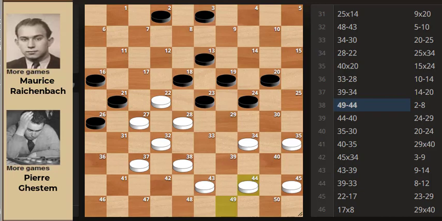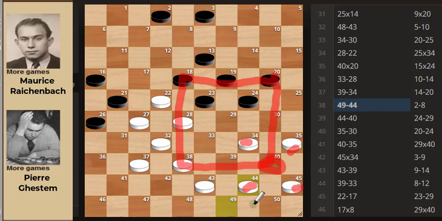So if we draw the square, we're going to have this. We're going to have that empty square here can be filled by playing 49 to 44. So as I said, the squares surrounding the vertex here are 34, 44, 45, and then 35.